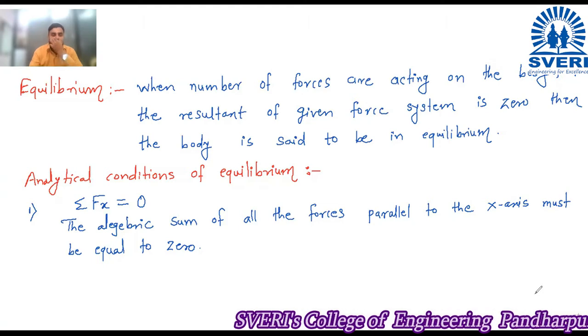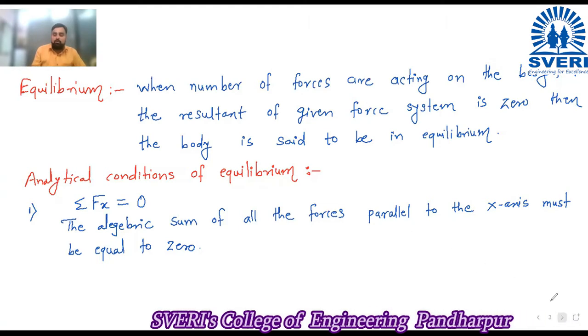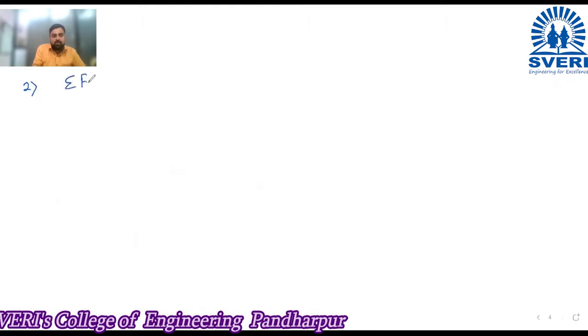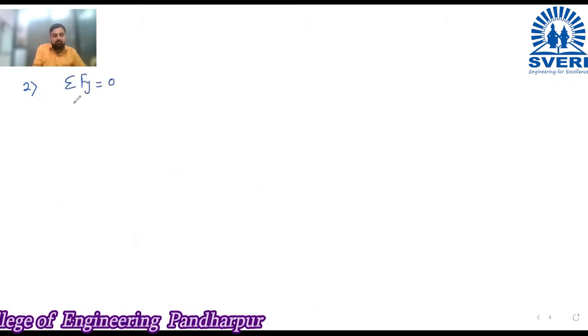Yes sir. Okay, so now we will move to the next condition, the second condition. The second condition is summation Fy is equal to 0.